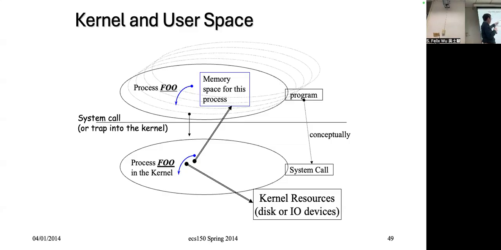The mechanism to do this control from user space to kernel is a concept called software trap. A software trap is like a hardware interrupt, but it is generated by the user program saying, hey, I want to send a trap and let the kernel take care of the process. So now the process is being delivered to the kernel.